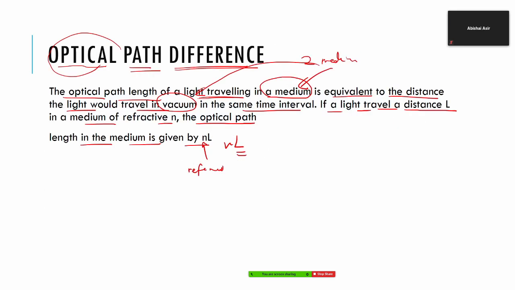So actually, it is like this. We have one medium, let's say glass, and one medium is a vacuum. Light travels in the glass and light travels in the vacuum.